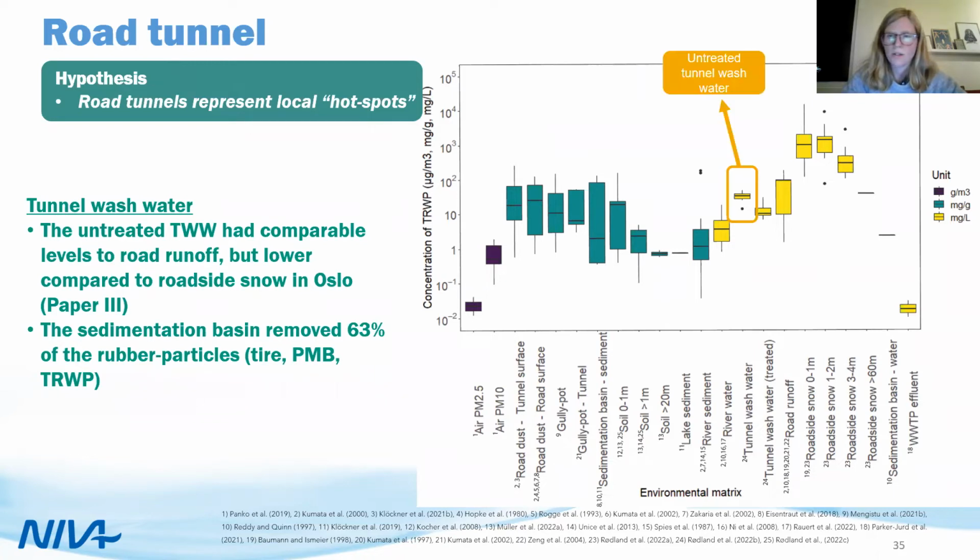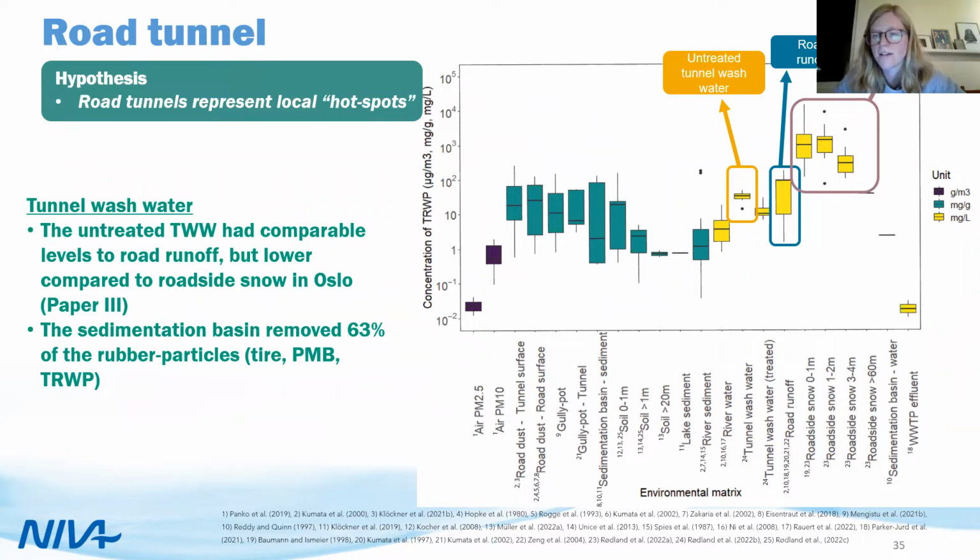What we could see was that the untreated tunnel wash water was actually comparable to previous studies that have looked at road runoff, which was a bit surprising to us, because we had expected that we would find much higher concentrations in the untreated tunnel wash water. We also found, as you can see in this graph here, that it's lower than what we found in the snow study.